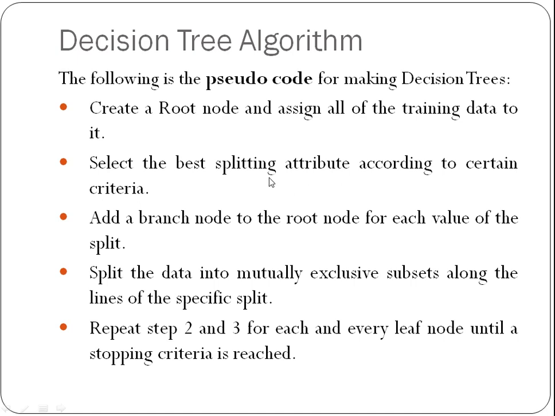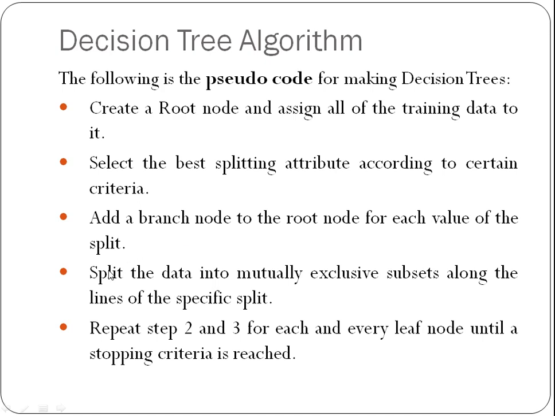So we are going to do that by finding which one has the least error, and once we identify which one has the least error, then for that particular attribute we will add a node, and its values are going to become the branches.